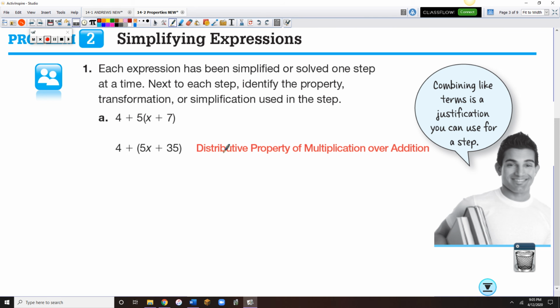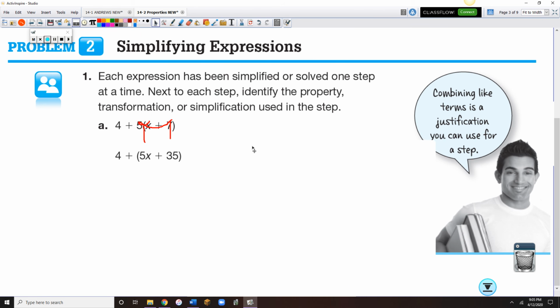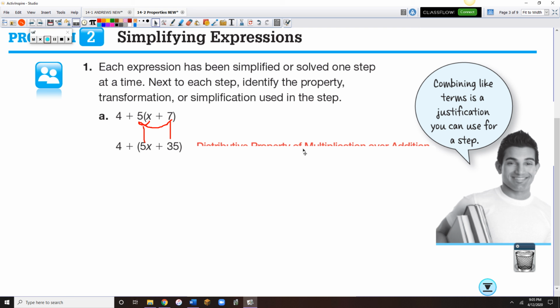So what I'm looking at, before I decide what property I'm seeing, let's pretend I didn't uncover that yet. What I want to do is look at what's different from the first line to the second line. And what I see is that the 5 and the x got distributed, and the 5 and the 7 got distributed. So I see distributive property. Now it says of multiplication over addition.